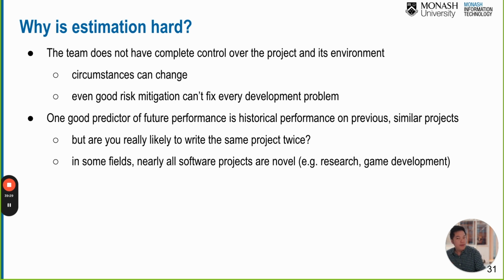And yeah, estimation is really hard. Okay, the team doesn't have complete control over the project and its environment. There are lots of circumstance changes, for example, executive changes, organization changes, people leaving the team, developer turnover, new junior developers joining, that kind of thing.